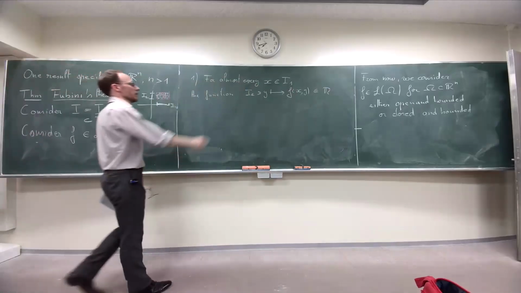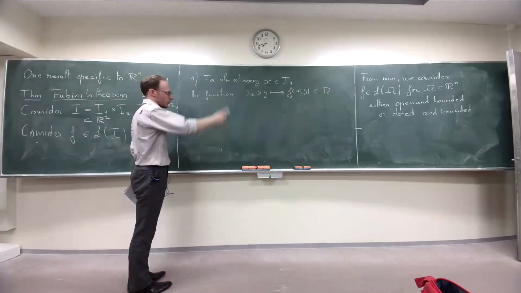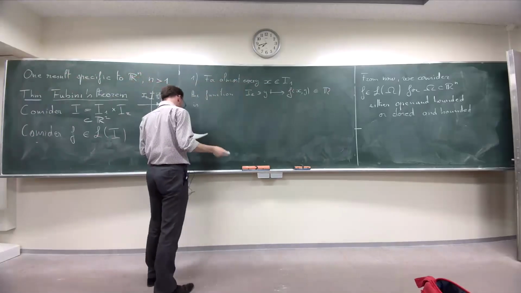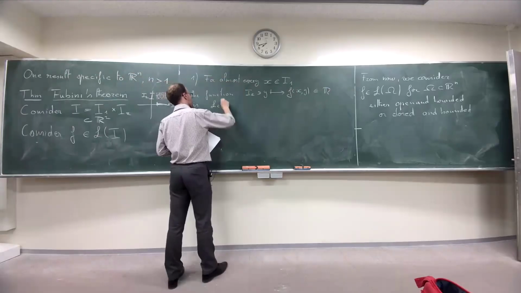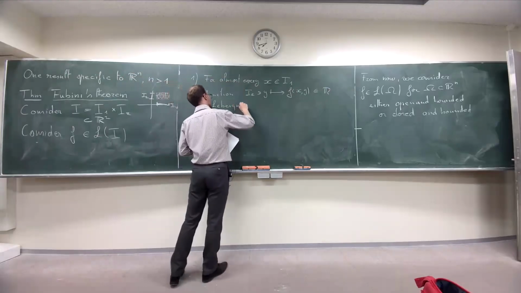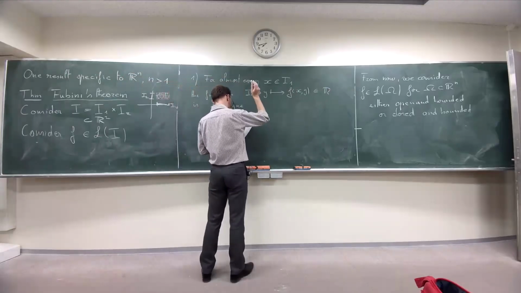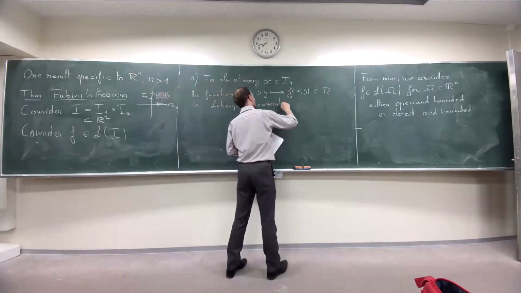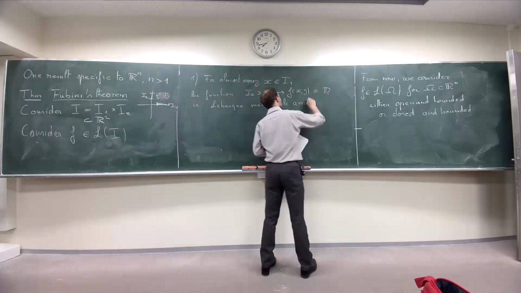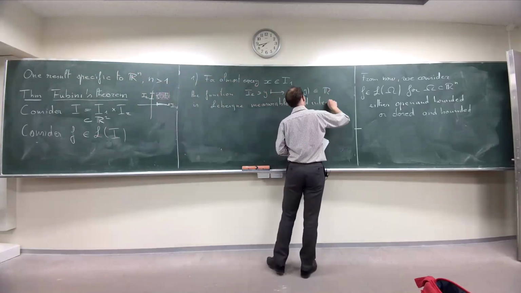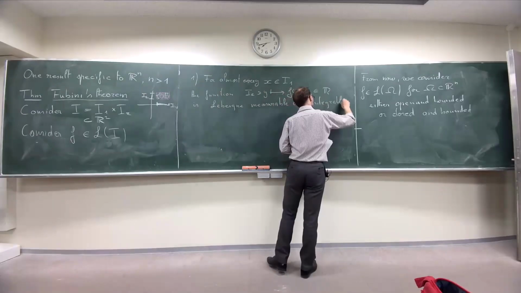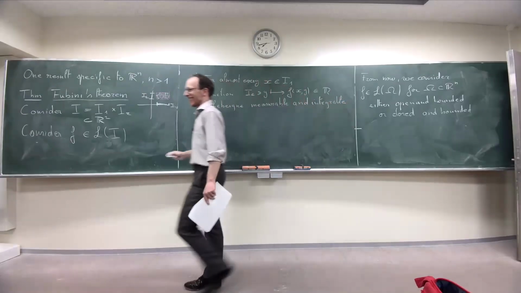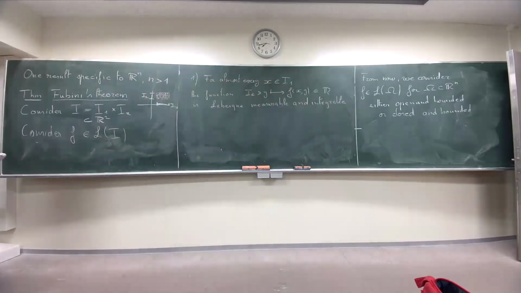The statement is that for almost every x, this function of 1 variable is Lebesgue measurable and integrable. Can you tell me why I put both? Wait a second, I'm so sorry. Why do I have to write both?